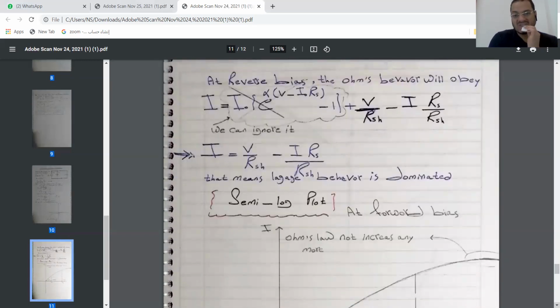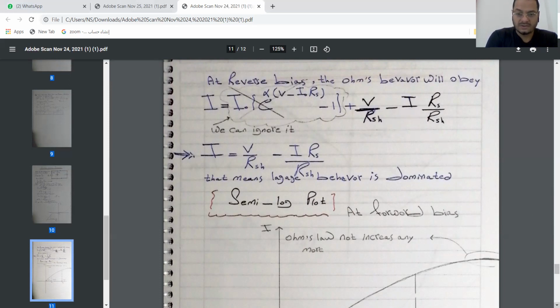At reverse bias, the Ohmic behavior will dominate. In I naught exponential alpha V minus 1 the exponential term can be ignored, so I equals V minus I RS divided by the parallel resistance.